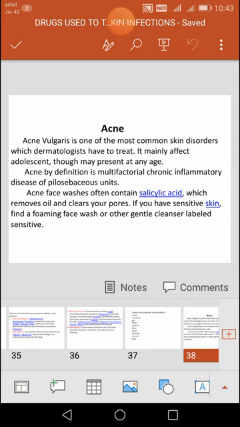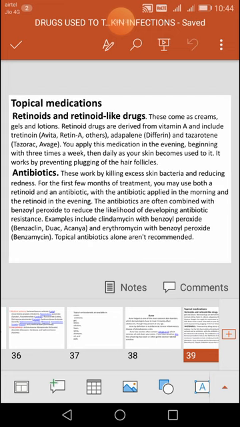Acne face washes often contain salicylic acid, which removes the oil and clears the pores. If you have sensitive skin, avoid foaming face wash and use other gentle cleansers labeled sensitive. The topical medications that are available for acne are retinoids and retinoid-like drugs. They are available in the form of creams, gels, and lotions.